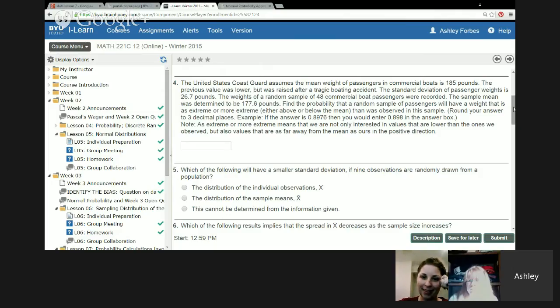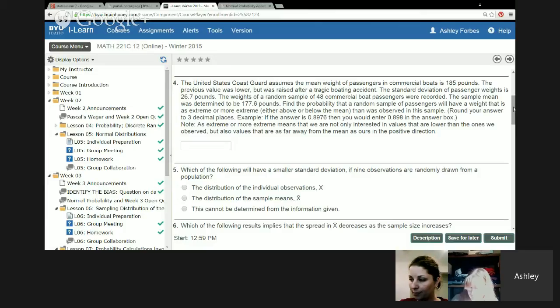Okay. So we have the mean is 185. The standard deviation is 26.7. The random sample size is 48. The sample mean was determined to be 177.6.